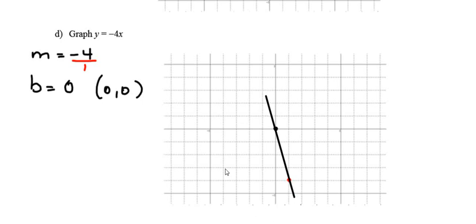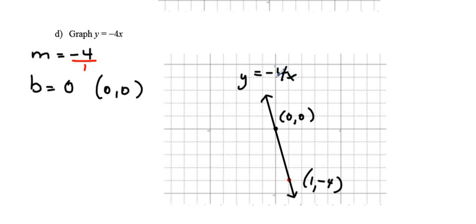I'm going to put my arrows on, label my points. So this is the point 0, 0. And this is the point, start at the origin, over 1, down 1, 2, 3, 4. So 1, -4. Don't forget the equation.